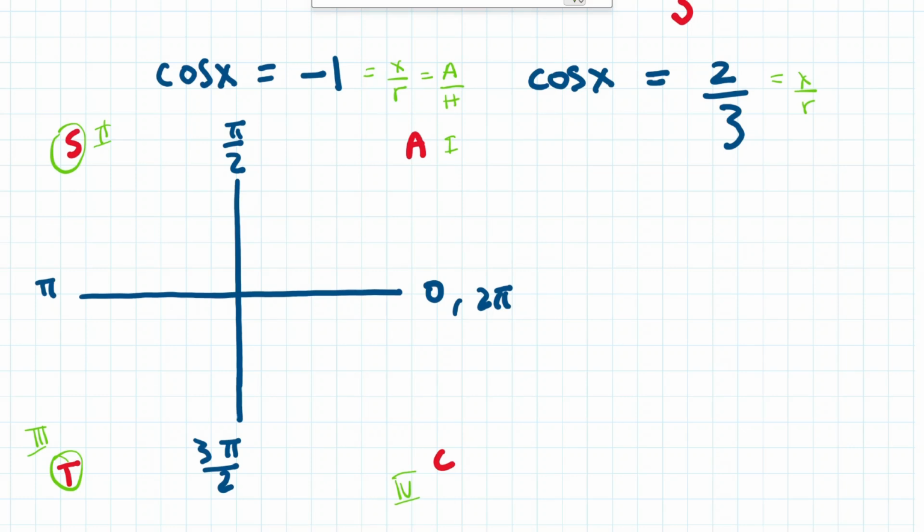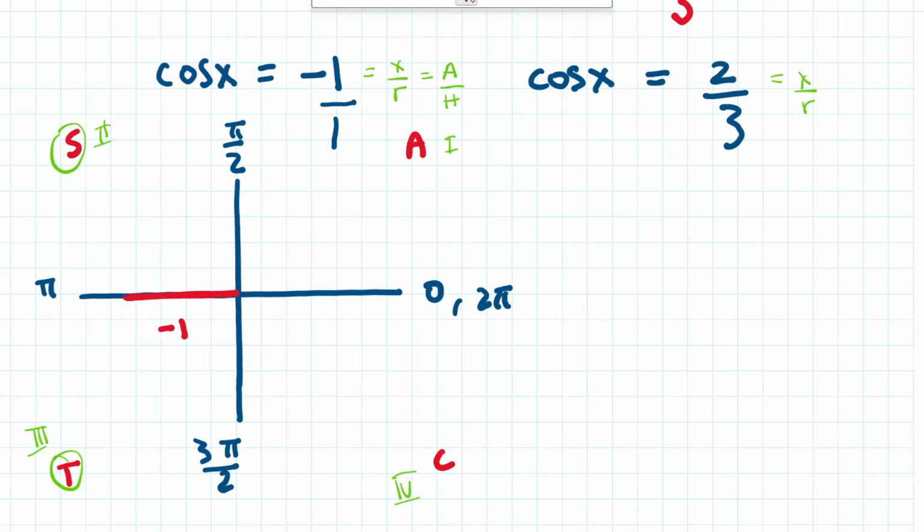R is the radius, which can never be negative. So you can write this as negative 1 over 1, because any number divided by 1 is the same as what it is. So what does this mean for a ratio? Well, it means that x is negative 1 and r is 1. That means it's actually going to lie literally on this axis over here. Interesting. So it's negative 1 in the x direction, and then the radius has a magnitude of 1.